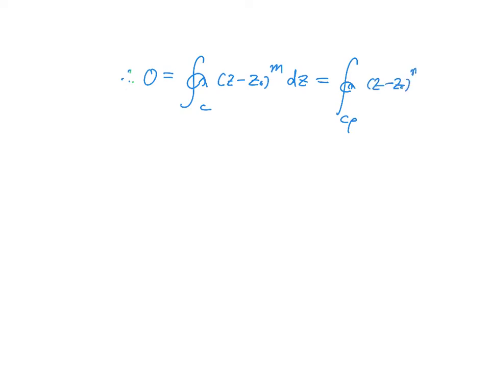So the integral over C of (z minus z0) to the m dz is the same as the small circle integral, which is 2 pi i delta m minus 1. Even though z naught is not at the center of the circle, it doesn't really matter. So this is a very important result.